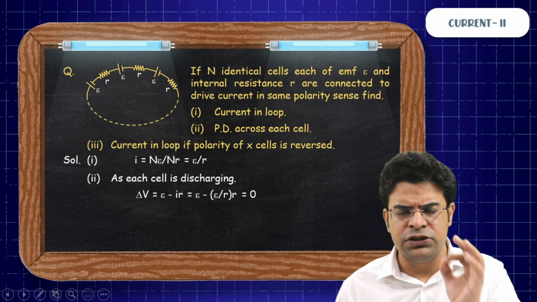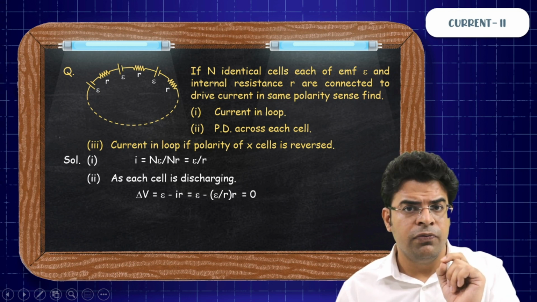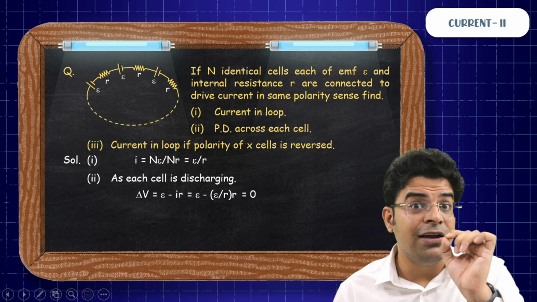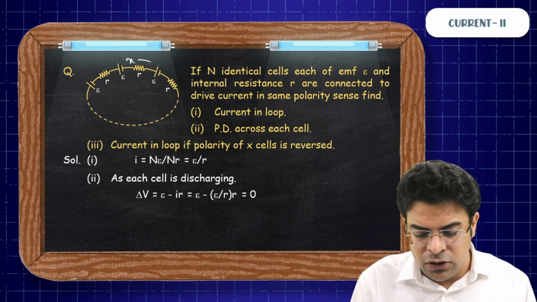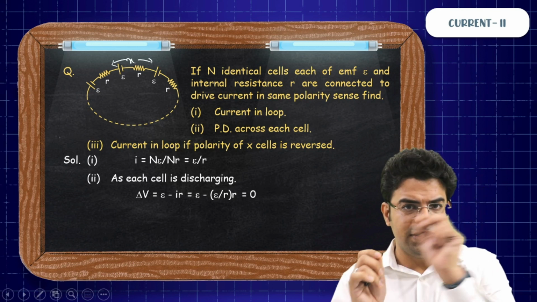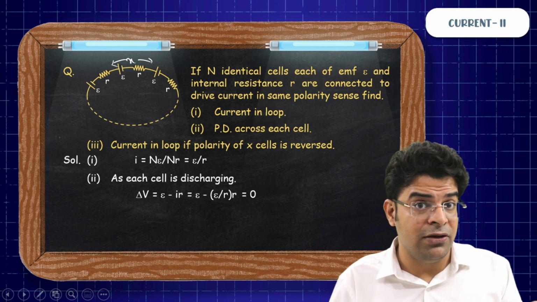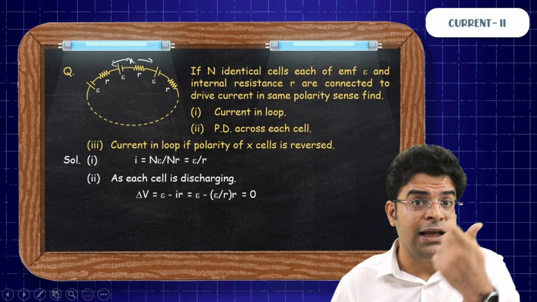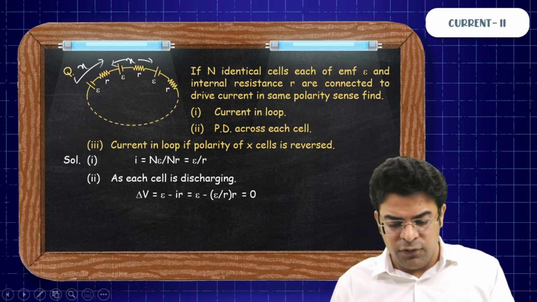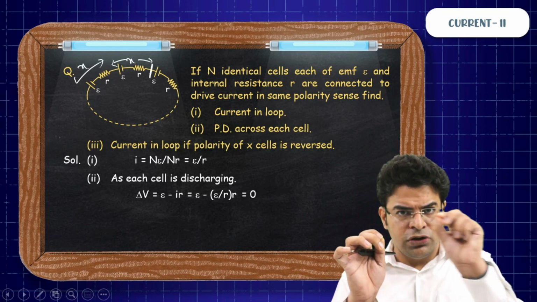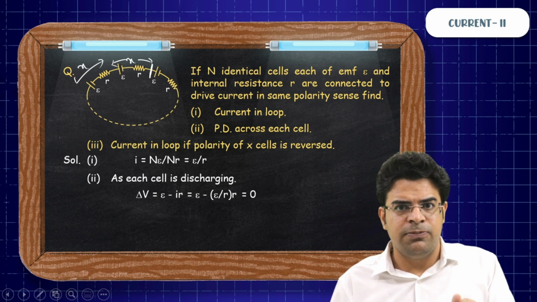When I solved this question for the first time in my life, I solved it using KVL. The simple thought of KVL is that the net potential drop across a closed loop is 0. If I assume, let's say, across one of the cells the potential drop is X, then due to symmetry, since all the cells are identical, the potential drop across each cell has to be the same value, X, X, X, X. If I start from a point, go once around the loop, and write the overall potential drop, I will get X plus X plus X and so on.